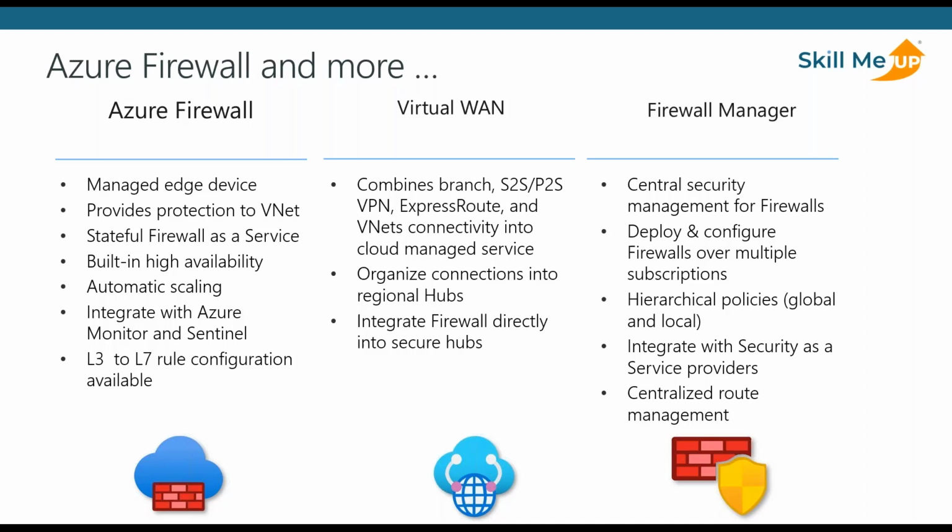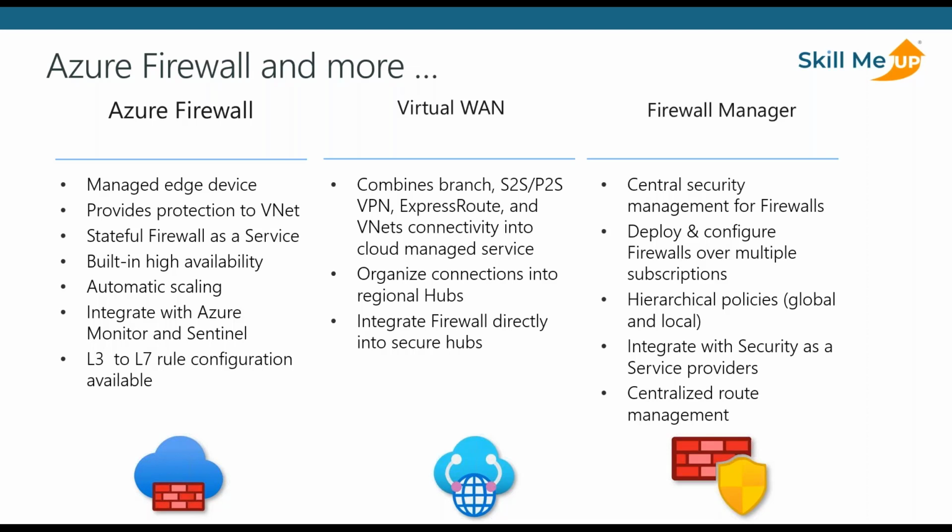And then a brethren feature of firewall, which we're going to go into a little bit, is the virtual WAN, where basically it combines your branch, your site-to-site VPNs, express routes, VNets, all into basically a centralized cloud managed service. Lets you organize everything into a regional hub, so that you can say, hey, everything that I know that wants to be talking here, we can just put this into this regional hub, and everything that's going to talk over here, put it into another regional hub.